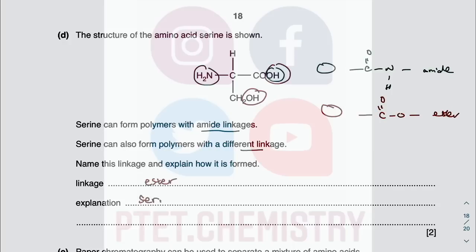So serine has, so explain how it's formed. So serine has an amine, which is the NH2, a carboxylic acid, which is the COOH, and an alcohol, which is the OH.